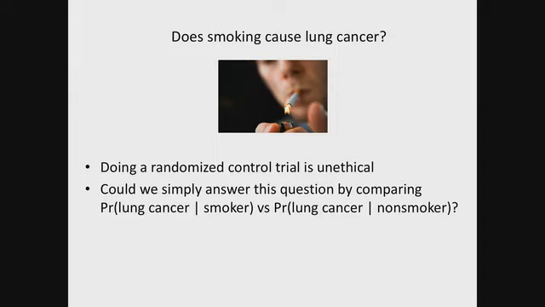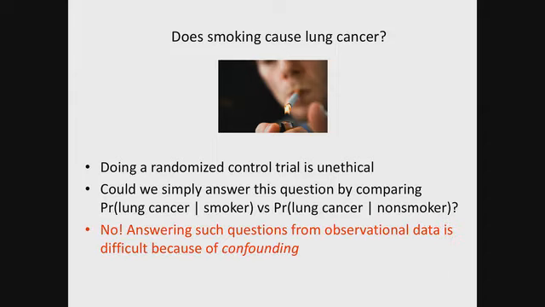But those numbers, as you'll see in the next few slides, can be very misleading because there might be confounding factors, factors that would, for example, both cause people to be a smoker and cause them to receive lung cancer, which would differentiate between these two numbers. And we'll have a very concrete example of this in just a few minutes.